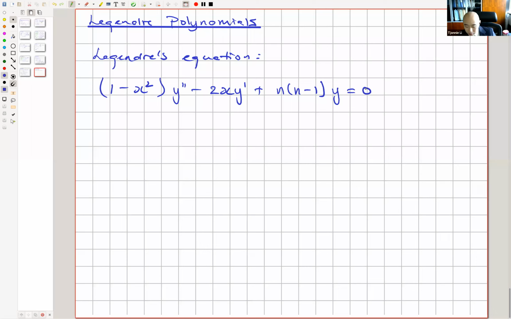So the Legendre's equation, this equation has a particular series solution. There's many different solutions that you can write, and these we call Legendre polynomials.